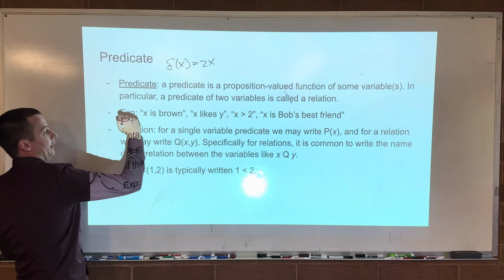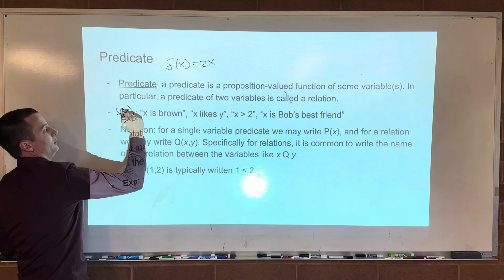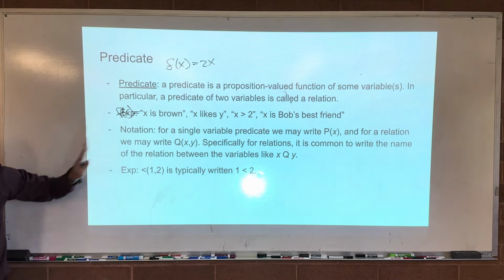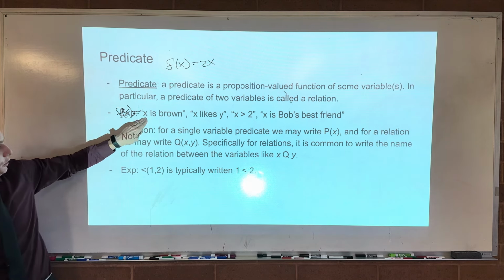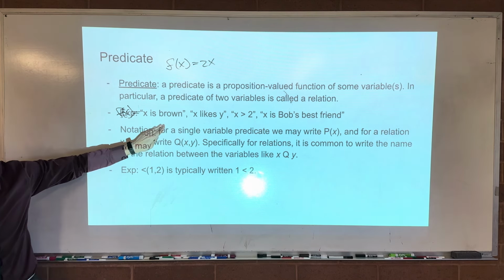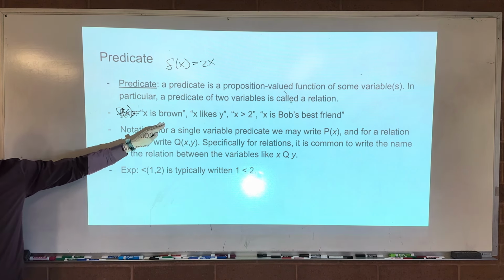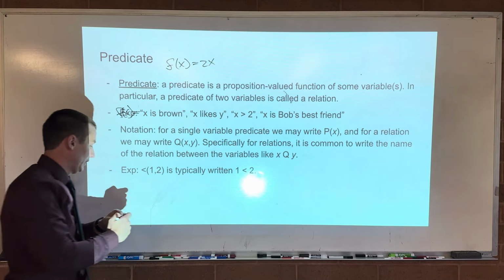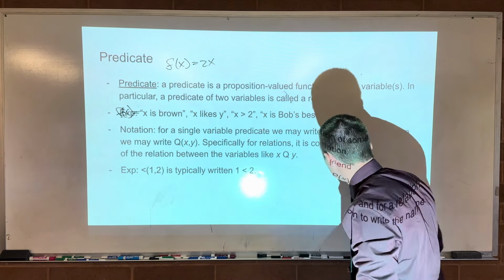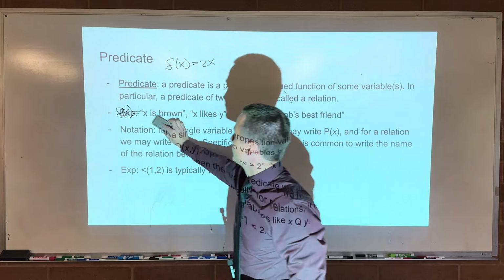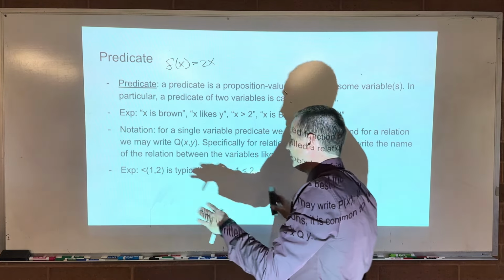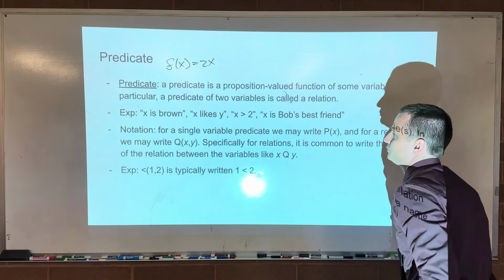I could have called this f of x is equal to this predicate. Okay, here's my predicate f. F of x is equal to x is brown. For every x you give it, it either spits out true or false. You give it the desk, it spits out true. You give it the chalkboard, it spits out false. So that's a predicate. It's not a proposition, but if you give it a term, it spits out a proposition.